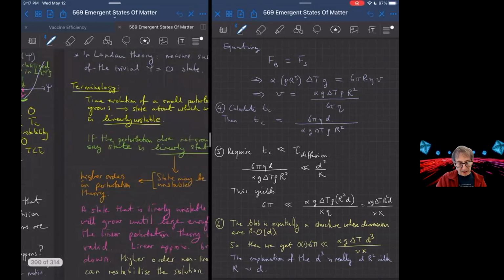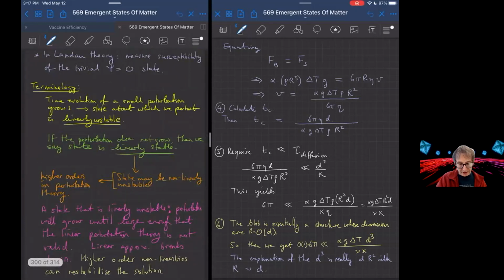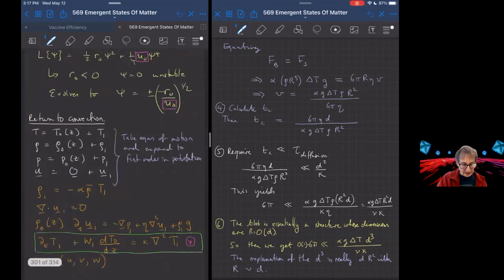Now we have to ask what happens when we do stability analysis, and it turned out to be technically quite complicated. On the left-hand side at the bottom, you can see the equations we get by linearizing the equations for the temperature, the density, the pressure, and the velocity about their steady state values, and then expanding to first order. Our strategy was to take these equations and beat them down into a form where they would just be a function of one variable.